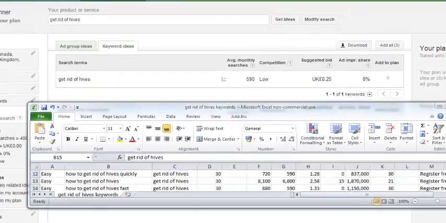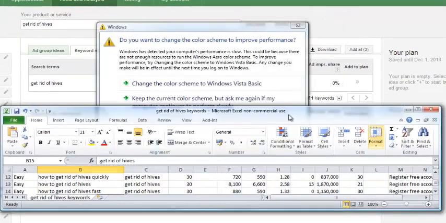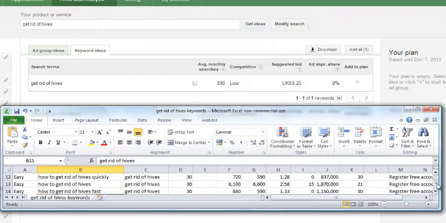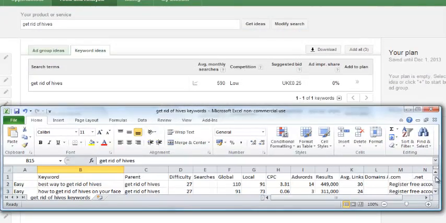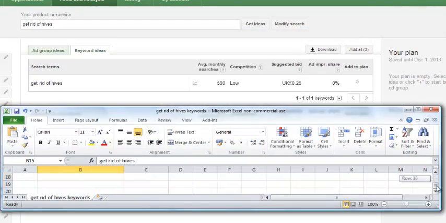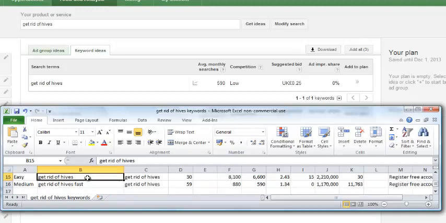Let me just show you an example. Okay, so, get rid of hives there. Now, this was recorded just before they changed from the Google Keyword Tool to the Keyword Planner.